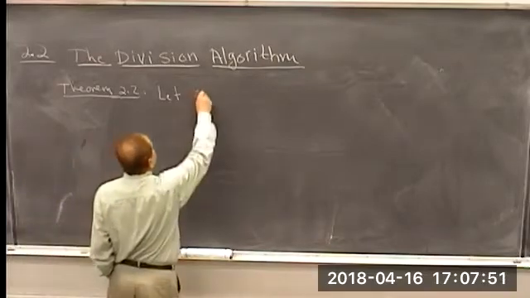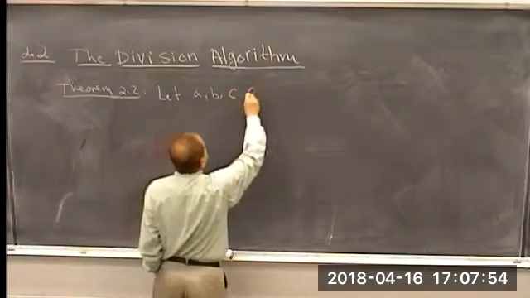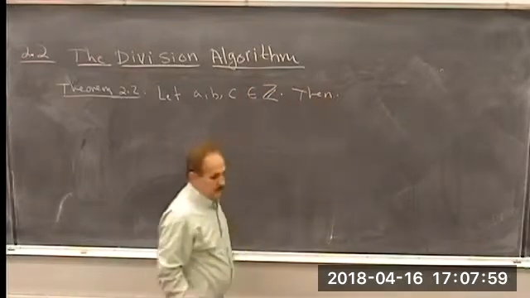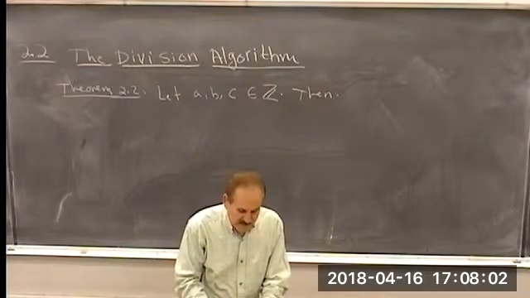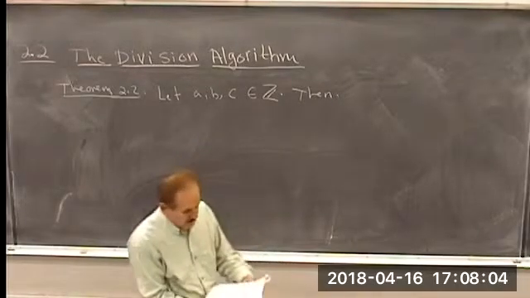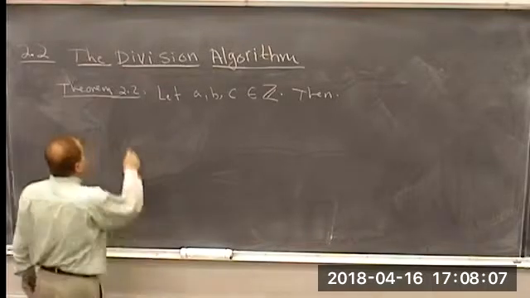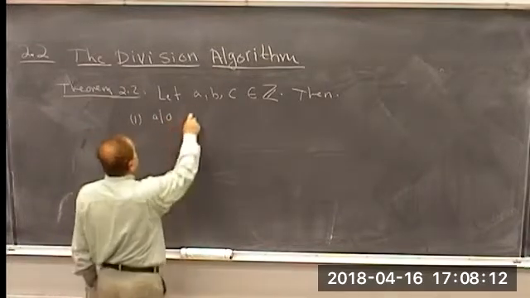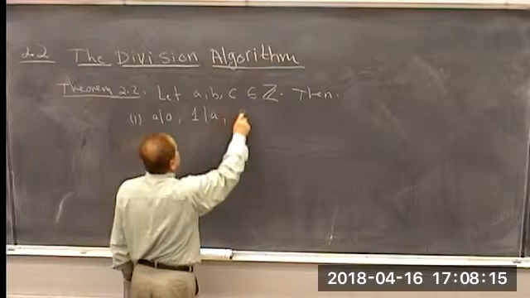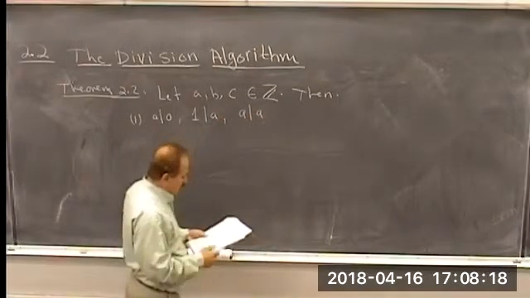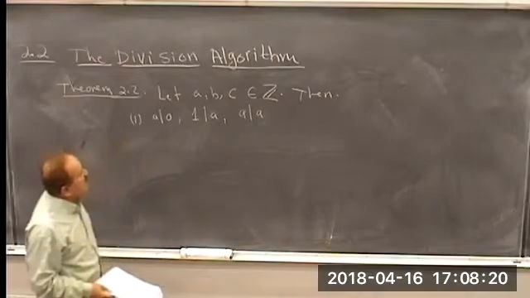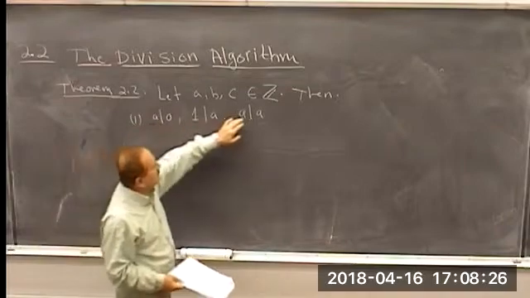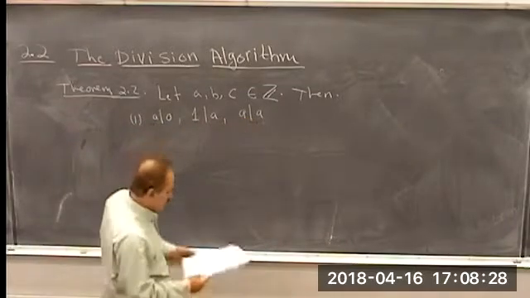So that A, B, C, these are integers, then well, it's a big list. So first one, we have A divides 0, 1 divides A, and A divides A. All right. So all of these work for any A. In this case, of course, we need A not to equal 0, and in the last case, we don't want A equal to 0.